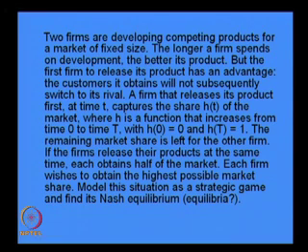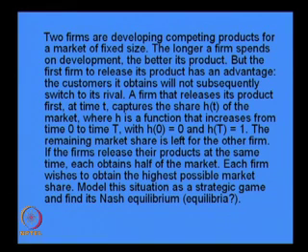The customers it obtains will not subsequently switch to its rival. A firm that releases its product first at time t captures the share H(t) of the market, where H is a function that increases from 0 to time capital T, with H(0) equal to 0 and H(T) equal to 1.